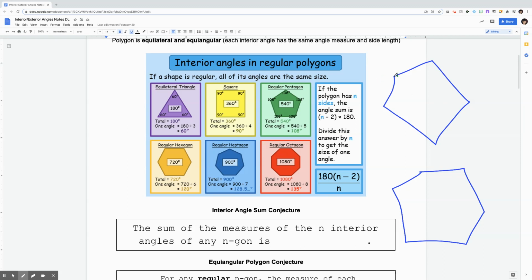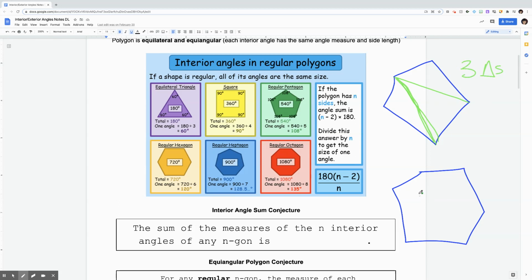So for example, in this 5-sided shape, I can draw a line here, and I can draw a line here. So I have 3 triangles in this shape.